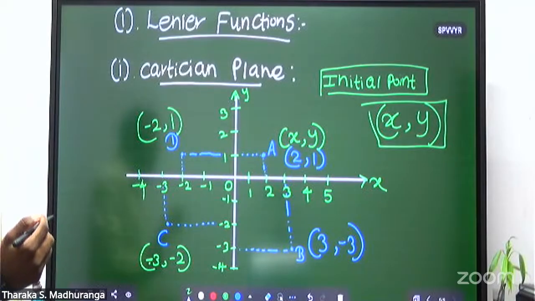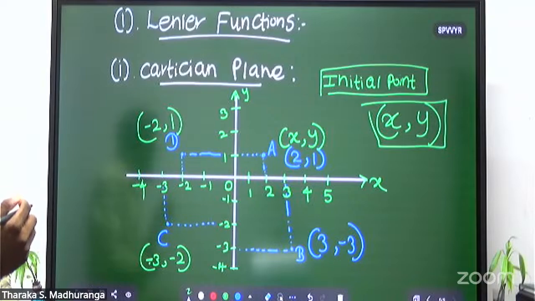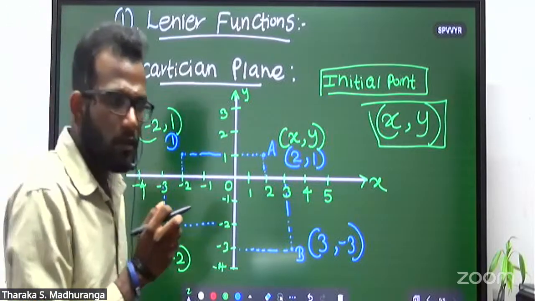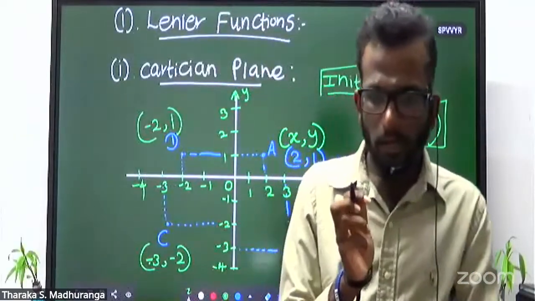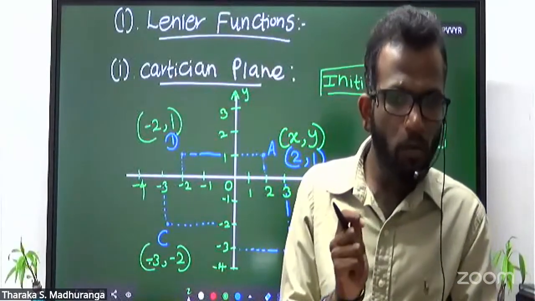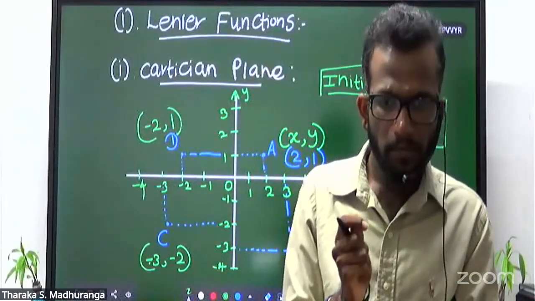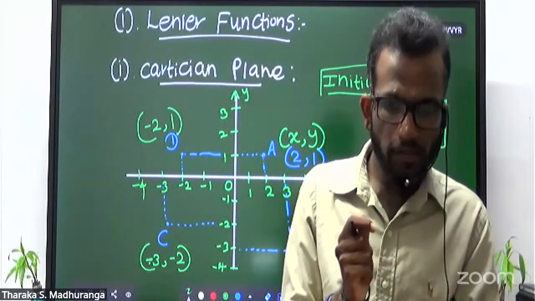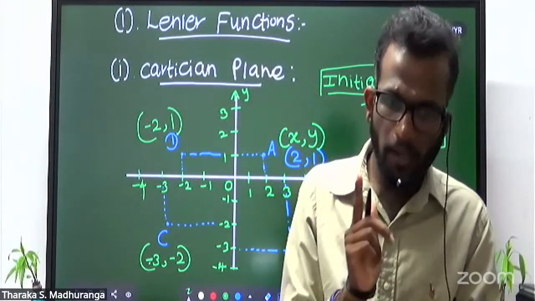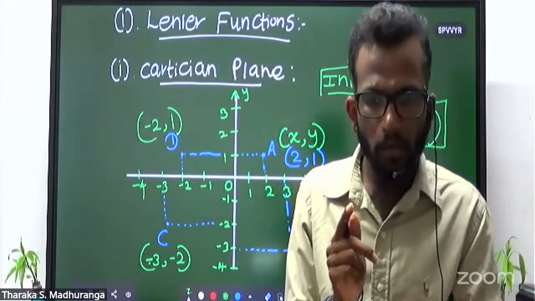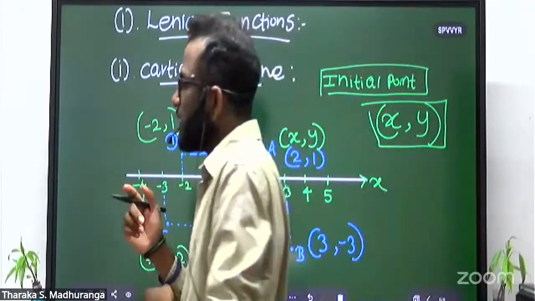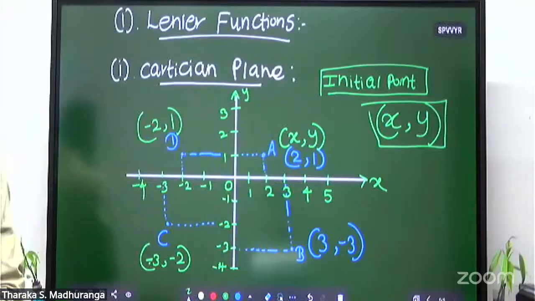The final point: any point on the Cartesian plane can be described by coordinates.